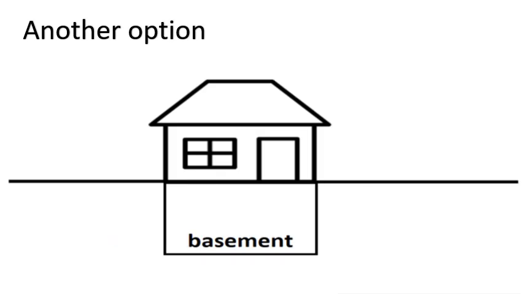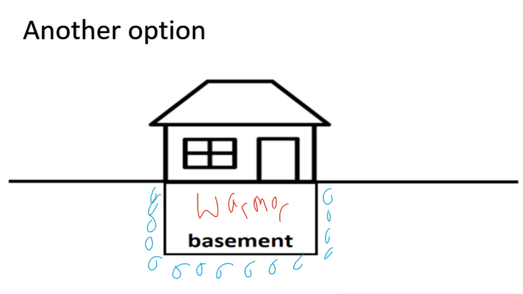The better option when you have a significant frost line is you build a basement. It's one of the reasons why most homes up north have basements, because the basement is going to stay a little bit warmer. So any water in the ground right next to the basement is going to have a real hard time getting cold enough to freeze.